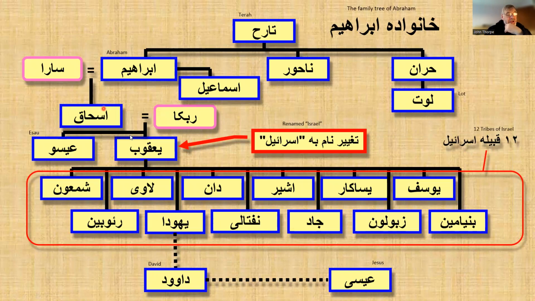Abraham had a grandson called Jacob, and Jacob's name was changed to Israel. And of course, in the end, one of Jacob's descendants is Jesus, Isa.